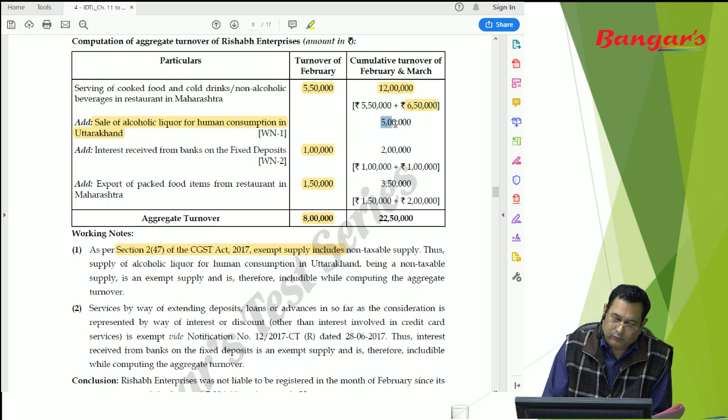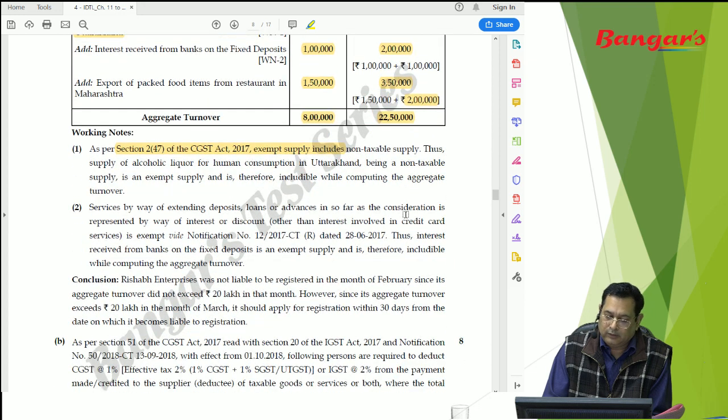And this 5 lakh will also be included because it is non-taxable. Exempt supplies will be 2 lakhs, making 3,50,000. Since the aggregate turnover has now exceeded rupees 20 lakhs in the state of Maharashtra, it will be required to obtain registration.